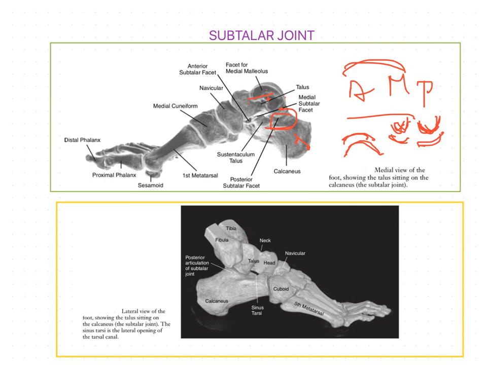Now, the anterior and medial articulations have an intra-articular configuration which is the reverse of that of the posterior facet. Between the posterior articulation and the anterior and medial articulations, there is a bony tunnel formed by a sulcus, a concave groove, in the inferior talus and superior calcaneus.